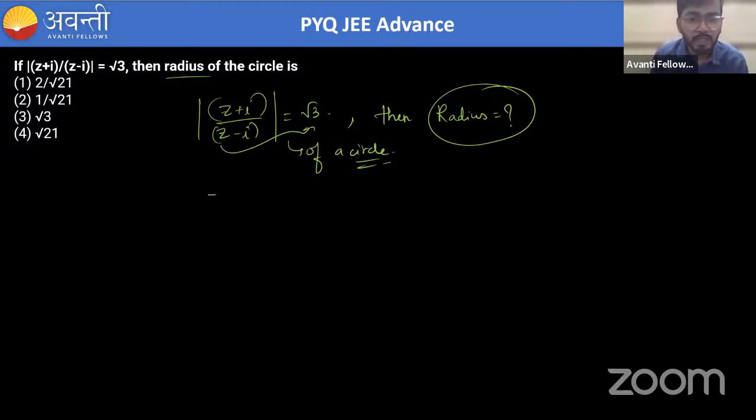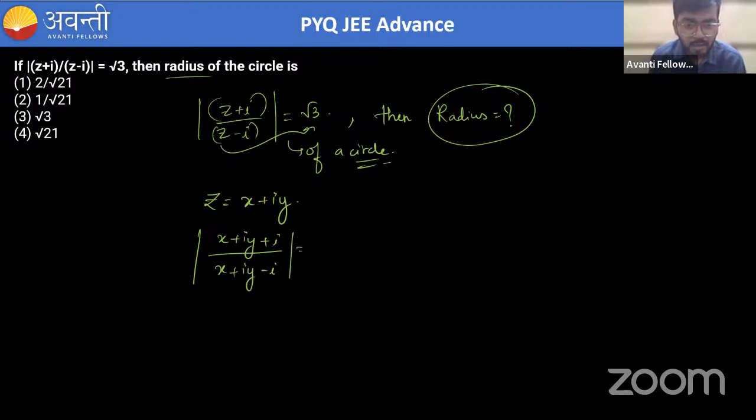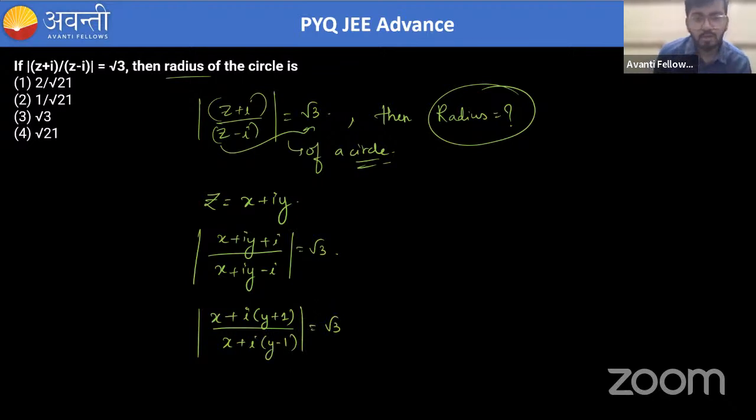So what we will do here is I'll say let z be equal to x plus iy. So now this will become mod of z plus i, which is x plus iy plus i upon x plus iy minus i, is equal to root 3, right? So here this can be written as x plus i times y plus 1 upon x plus i times y minus 1. The modulus is root 3.